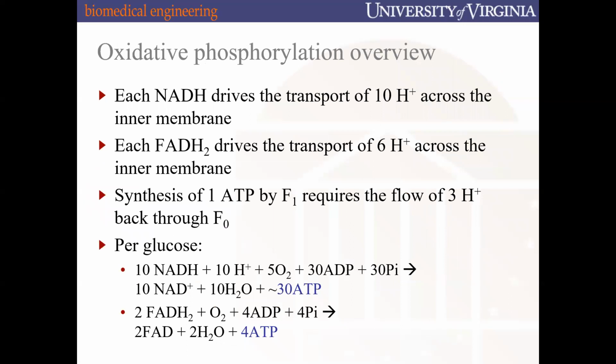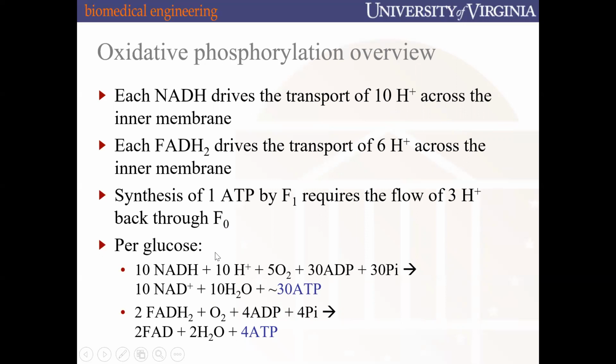Alright, so now it's an overview of this oxidative phosphorylation. Remember, these first 2 points are just reminding you that because these electrons from FADH2 aren't interacting with complex 1, they're not going to drive the 4 protons, and so they're only going to be 6 total. And then thinking about how much ATP we can generate from 1 glucose in this process of oxidative phosphorylation, first we can focus on NADH.